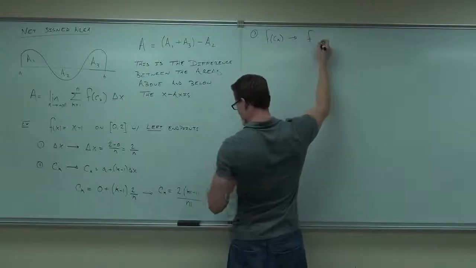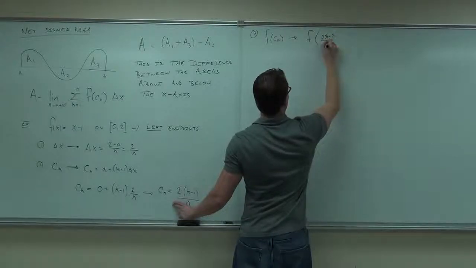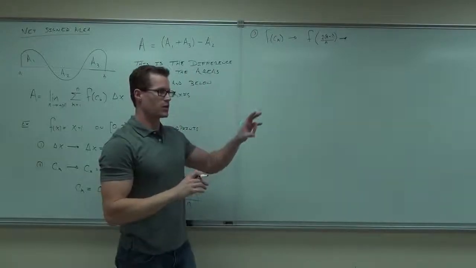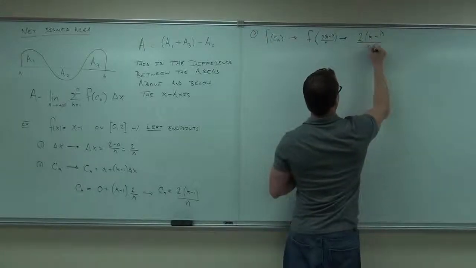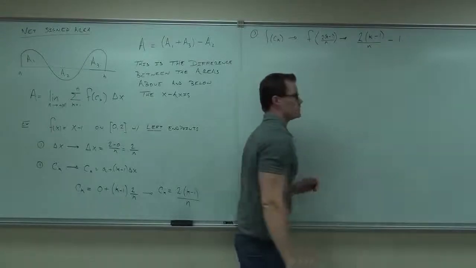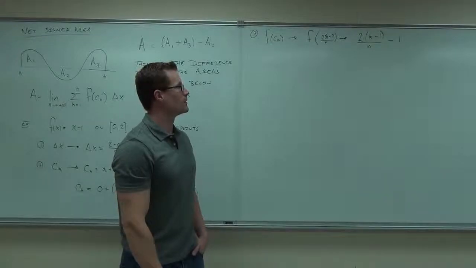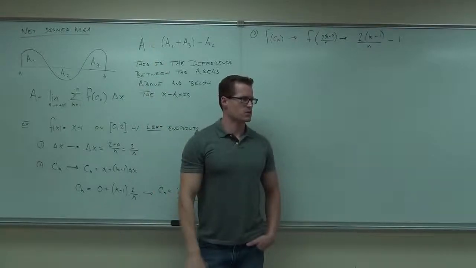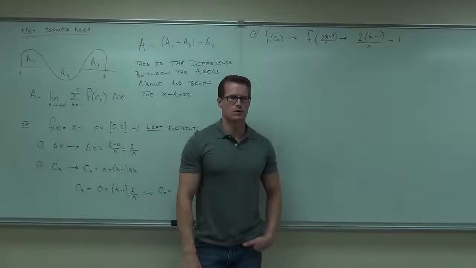That says f of 2k minus 1 over n, which means that if our function is x minus 1, it says 2k minus 1 over n minus 1. Would you raise your hand if you feel okay with that so far? I guess you could have distributed, you might do that now. There's a couple ways we could do this problem. Probably the easiest way would be to combine everything right now and get one fraction out of it.